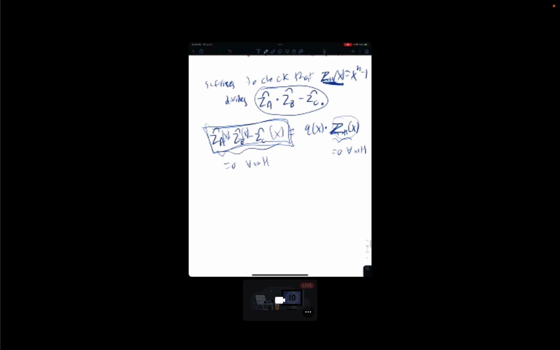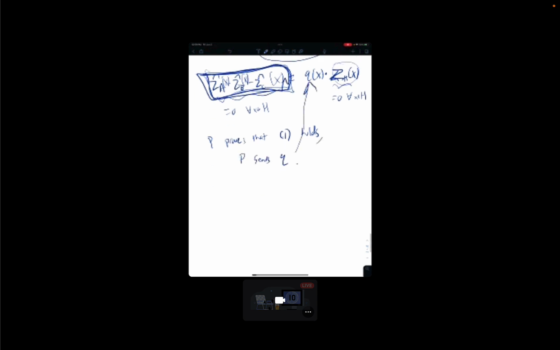Okay, so that means in order to prove that what I called 1 before holds, that is, that this thing here vanishes over the nth root of unity, the prover just sends the quotient polynomial.